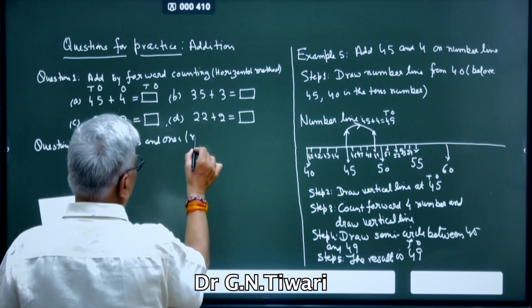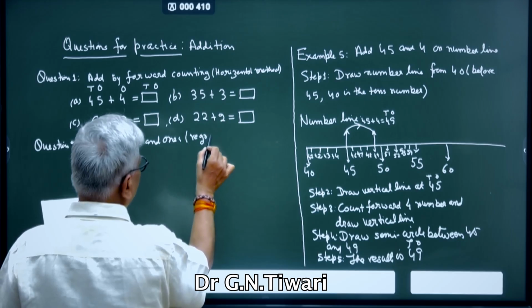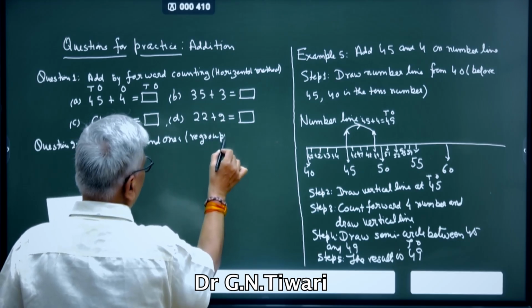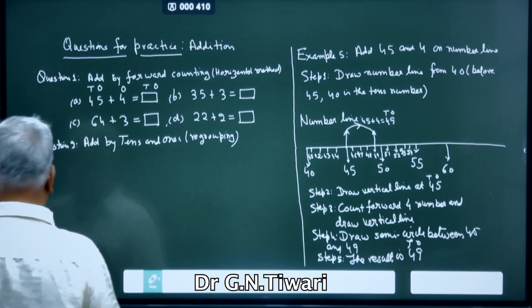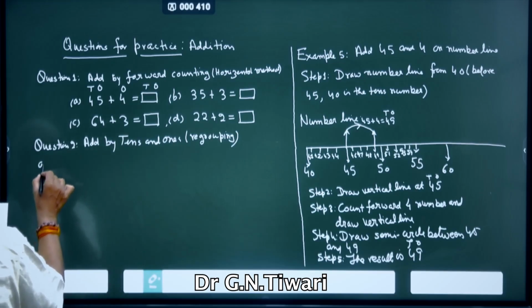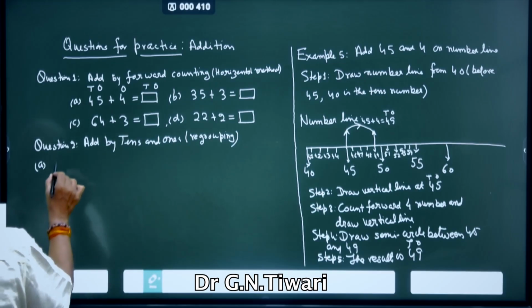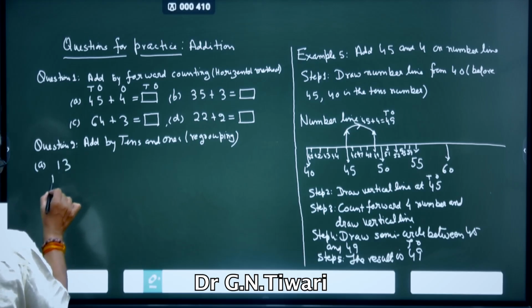I have already told you about regrouping. A: 13 plus 9.